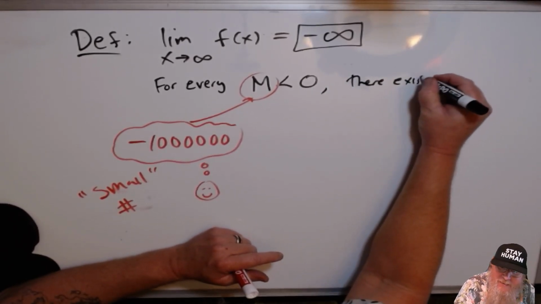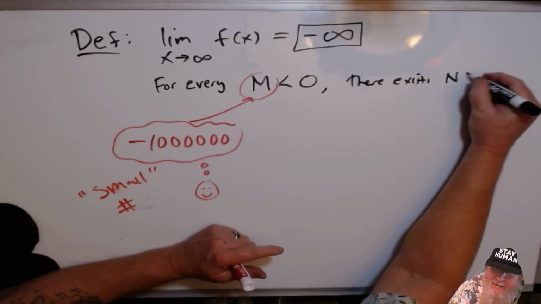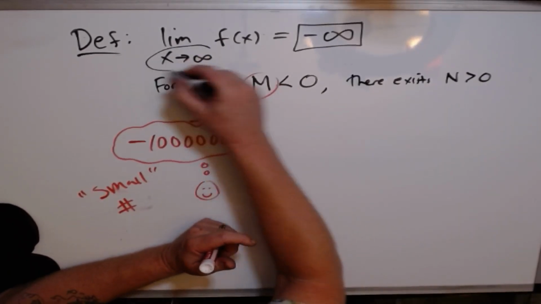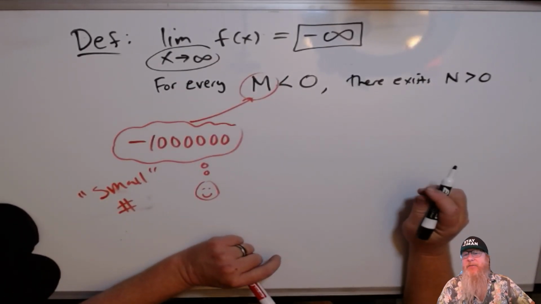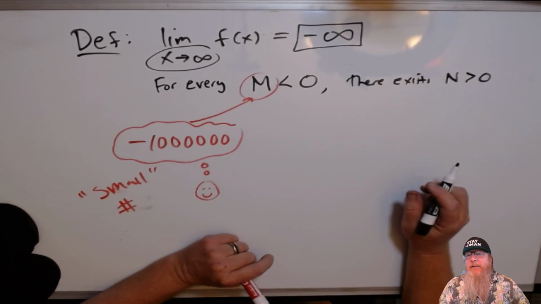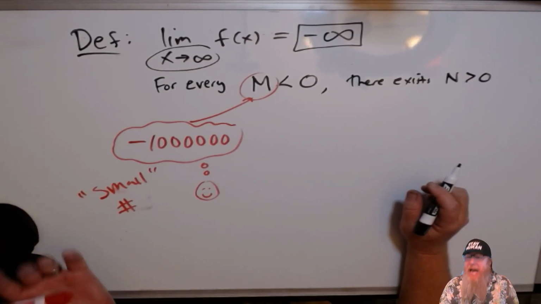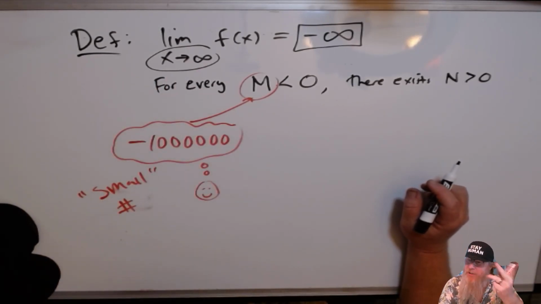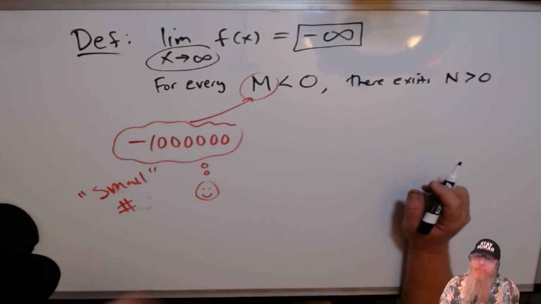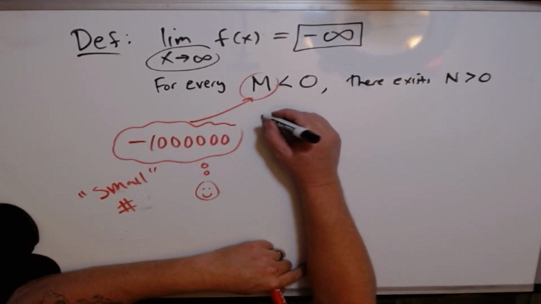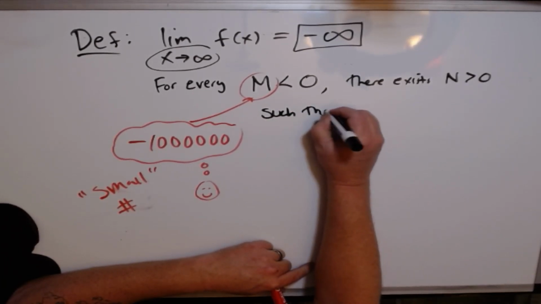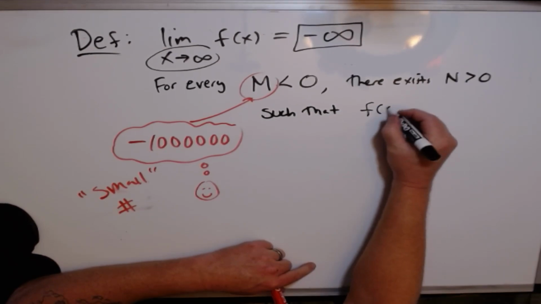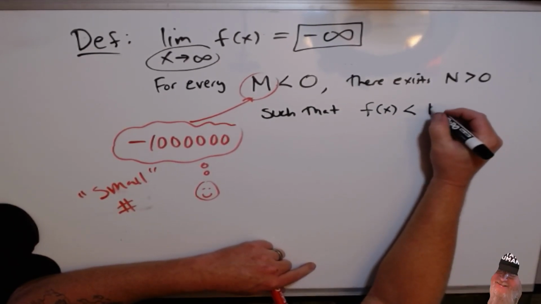There exists an n. Now this one is greater than 0 because we're going to positive infinity. Okay. And when we go to negative infinity, if the x is going to negative infinity, we'll just do that switch of the x like we did for the other examples. Such that f of x this time has to be less than m.